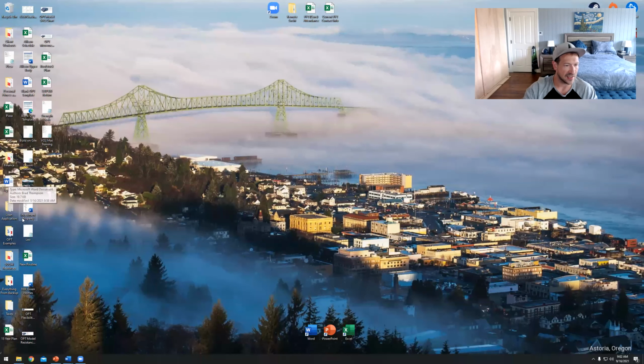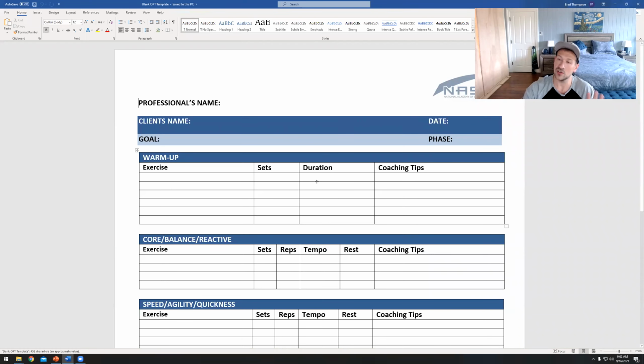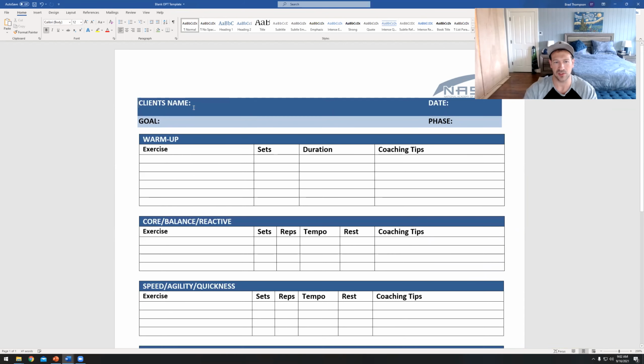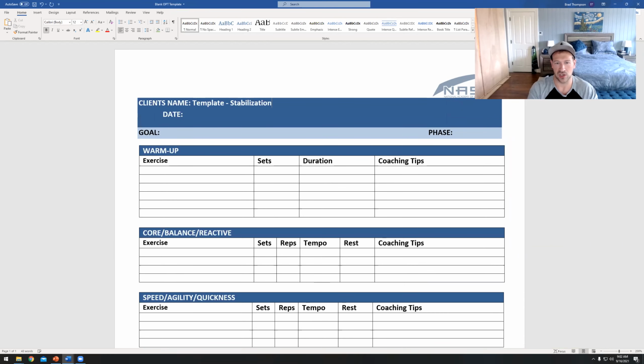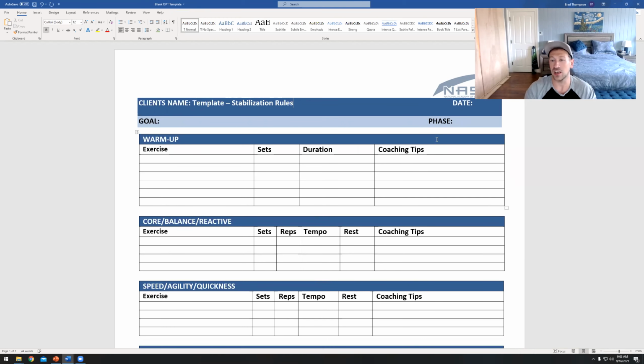So let's take this and practice this, let's use this as a template, right? So we'll delete this and we'll say our client's name is template stabilization rules, right? So imagine, this isn't going to have exercises in it. It's just going to have what is allowed to fit in these slots.